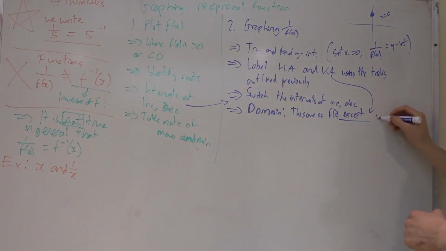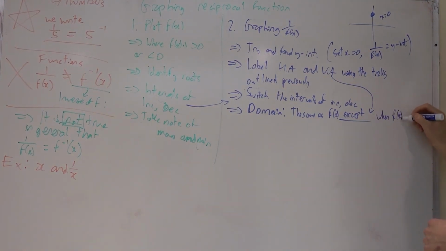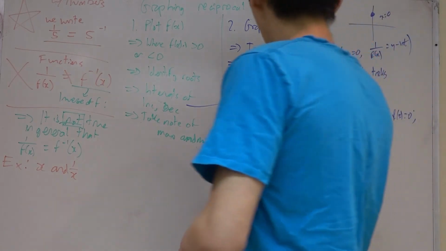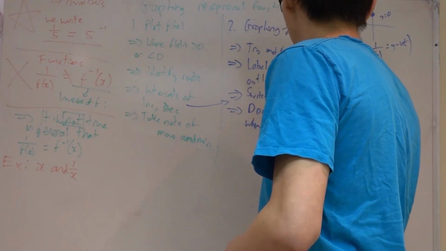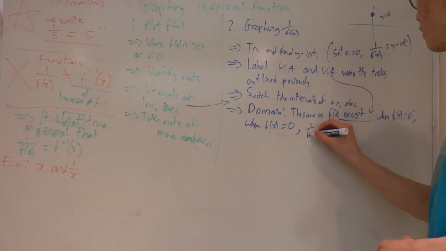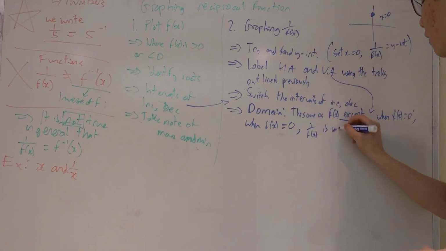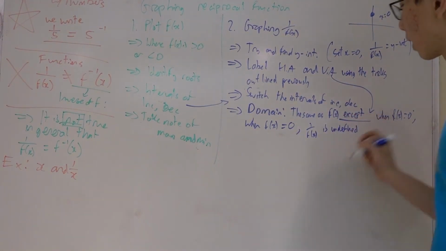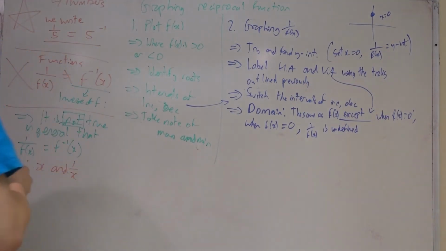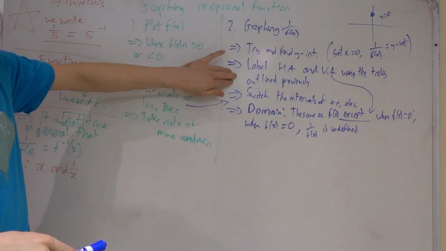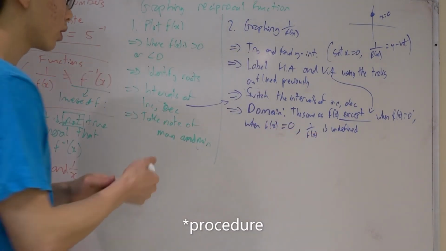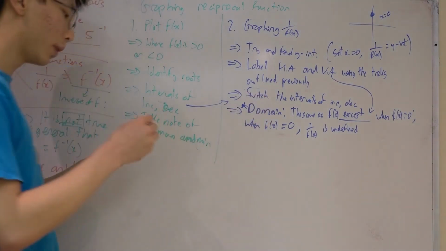So except when f of x equals 0. When f of x is 0, 1 over f of x is undefined. Okay? Very important that you take note of this. But if you follow this procedure, you would have already taken care of that. So this one's sort of like it's not a super big deal. Okay?